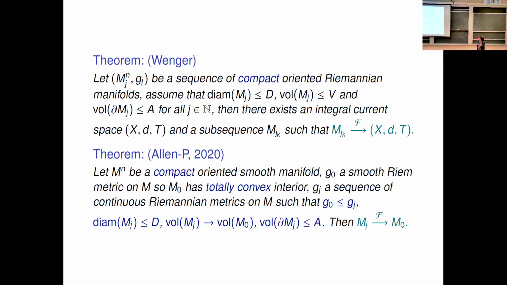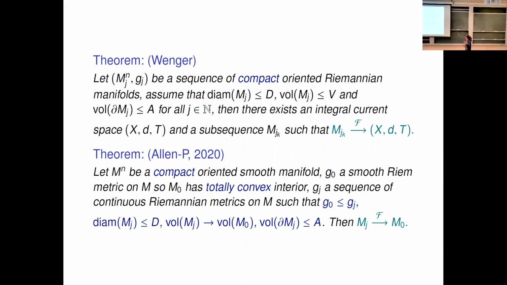So first, let me comment that there is actually a pre-compactness theorem. It is pre-compact because, given a sequence of manifolds that satisfy uniform diameter bounds, uniform volume bounds, and uniform area bounds, you can extract a subsequence and say that that subsequence converges.